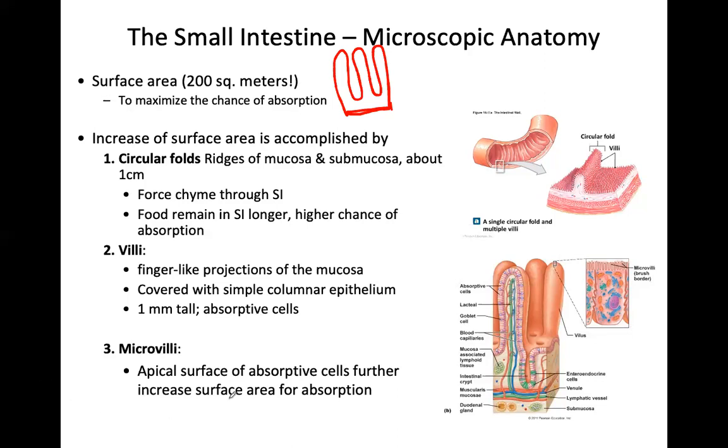They are present on the apical surface, which is basically the surface facing the food. And these finger-like extensions themselves also increase the surface area. So by having these three characteristics of circular folds, villi, and microvilli, I slow down my food and maximize the surface area for the highest absorption rate that I can get.